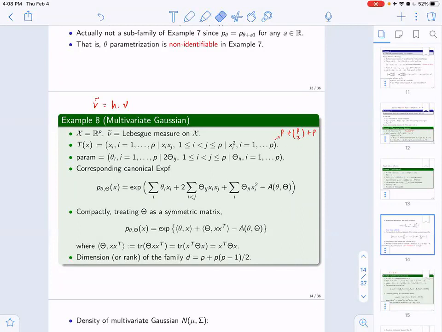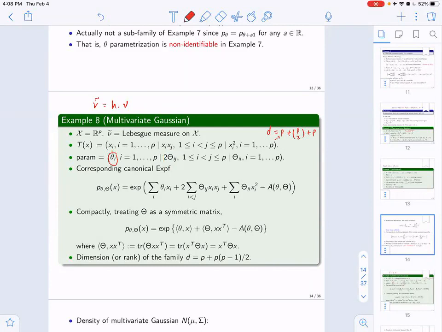That would be the dimension of the family in general. And then there is a canonical parameter associated with every coordinate. I'm going to write it as theta i for these, capital theta i for these, and twice theta ij for these. The 2 is just for convenience.